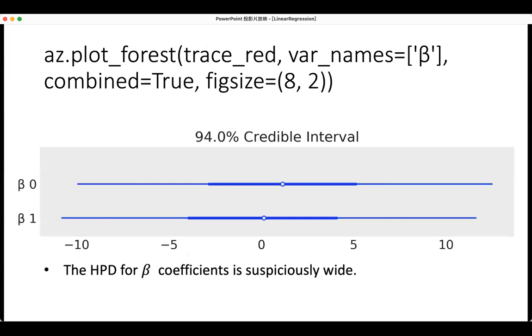You can see that beta 0 and beta 1 are very, very wide. The HPD for the beta coefficients is suspiciously wide. It is because one can be used to replace another: when one increases, the other one decreases, because they are highly replaceable.